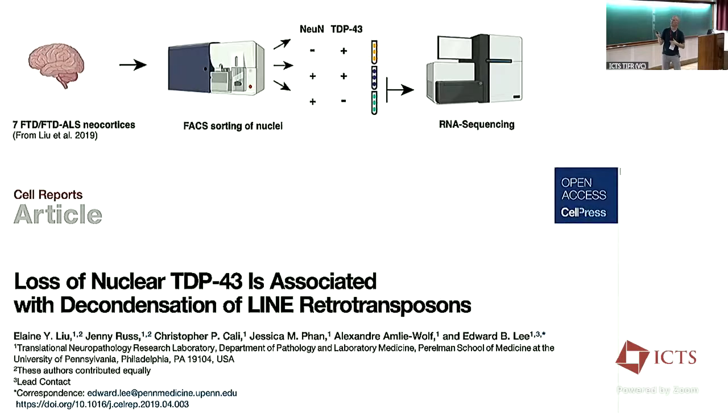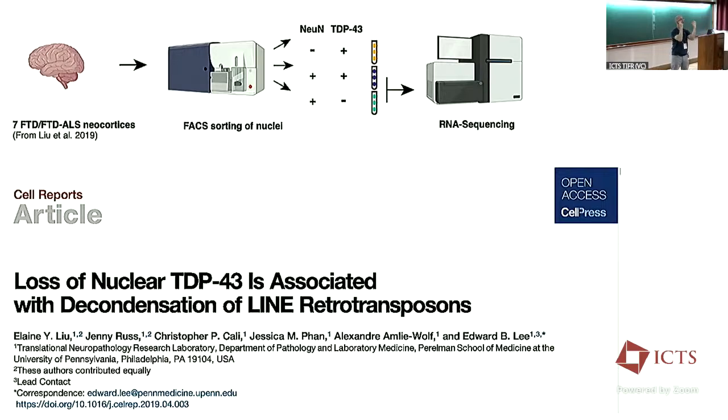Rosa is pretty spectacular. She read this paper from another laboratory and presented it at our Zoom journal club. What this group did, they took human ALS FTD patient brain, and they used an antibody against NeuN, which detects nuclei from neurons, and they sorted those out, and they used another antibody against TDP43, and they sorted those nuclei into either a bin with TDP43 in the nucleus or without TDP43 in the nucleus.